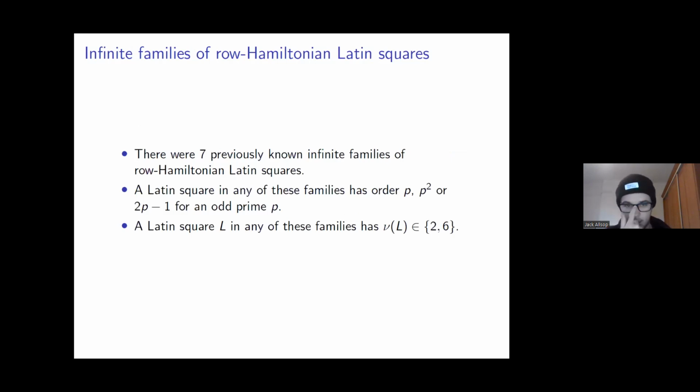And any Latin square in these families has order either p, p squared, or 2p minus 1 for an odd prime p. And all of these families either have nu equal 2, nu equal 6, or a mixture of Latin squares with nu equal 2 or nu equal 6, but none of them with nu equal 4. And so we have constructed an infinite family of Latin squares with nu equal 4.